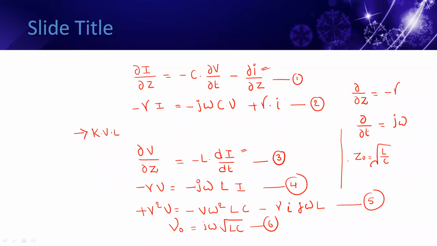By using this, when the electron beam current is present in equation number 5, it can be written by using equation number 6 and equation number 7 as V equals minus gamma Z naught divided by gamma square minus gamma square multiplied by current. Why?